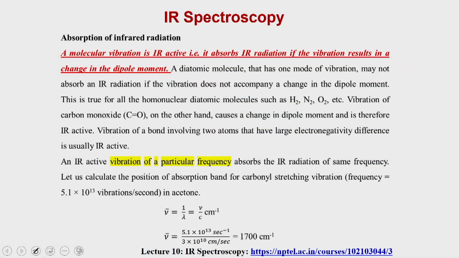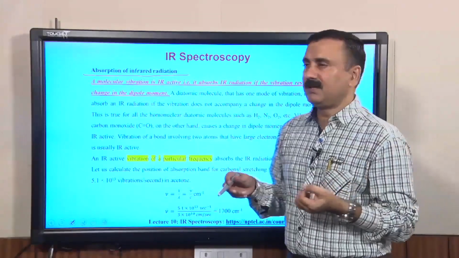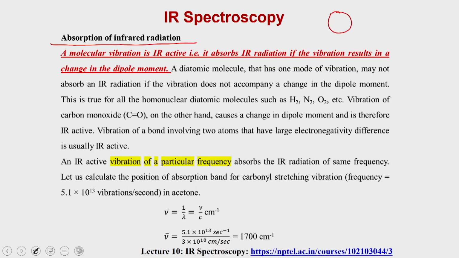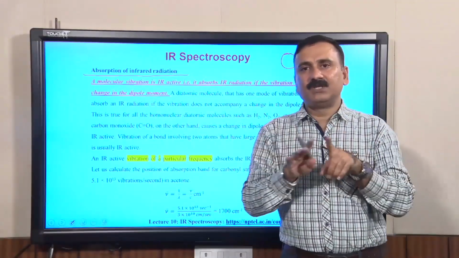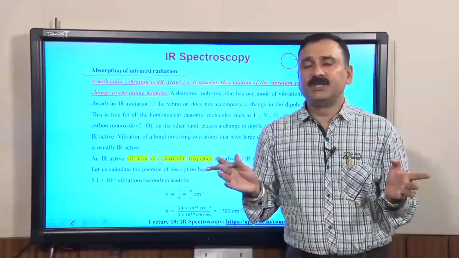So what are the molecules that are going to show the absorption of the IR radiations? What is the prerequisite? The prerequisite is that you have to have a molecule where you have two atoms which are bound by a bond.